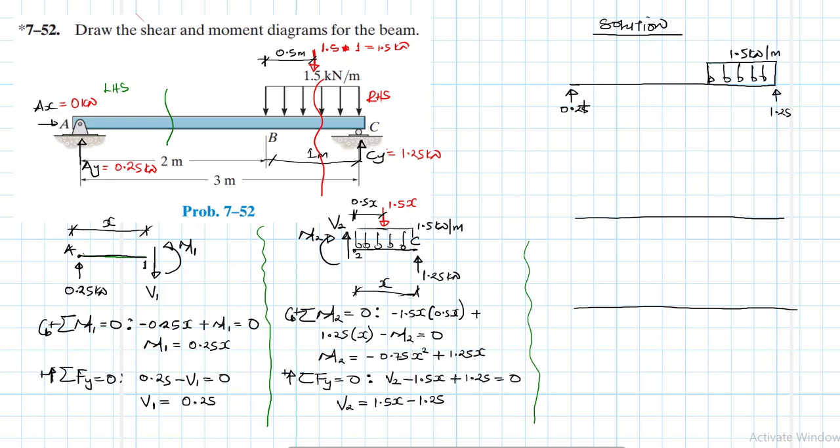Okay. Right, and the dimensions for this are as follows. This is 2 meters and this is 1 meter. Okay, this point is A, this point is B, this point is C.